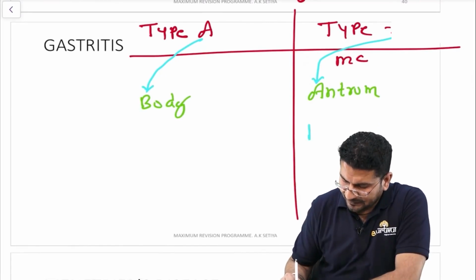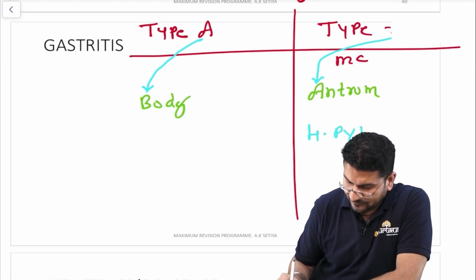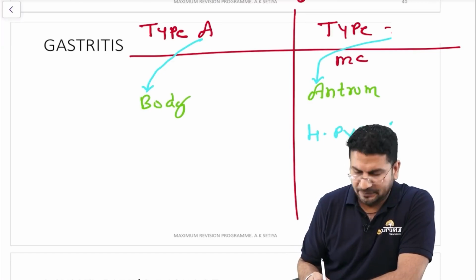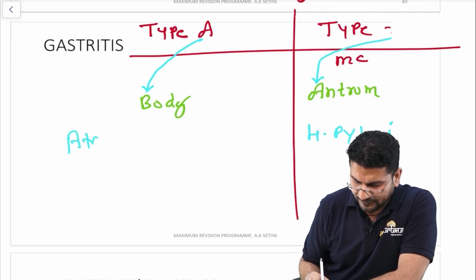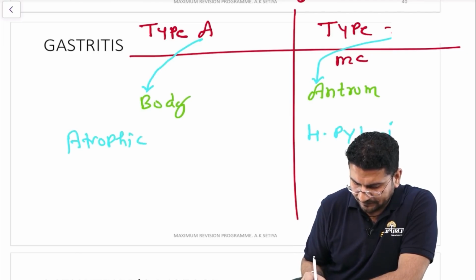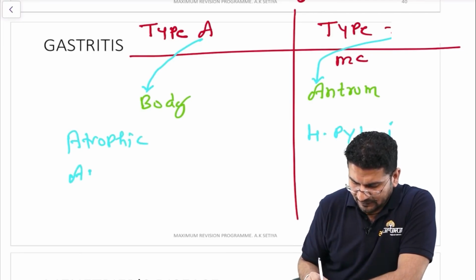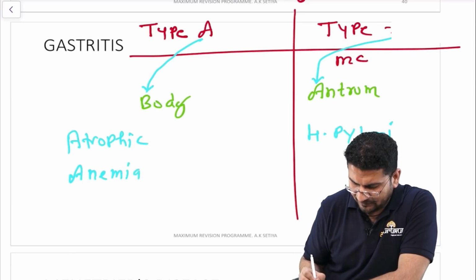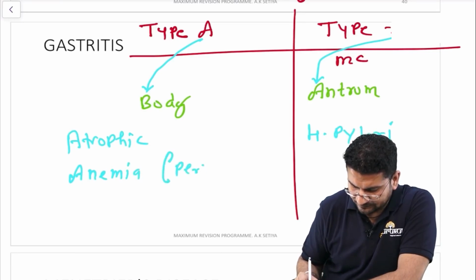Type B is most common, and the cause is H. pylori. If I say type A, it is causing atrophy, so we also call this atrophic type. There will be anemia. Which anemia? It can cause pernicious anemia.